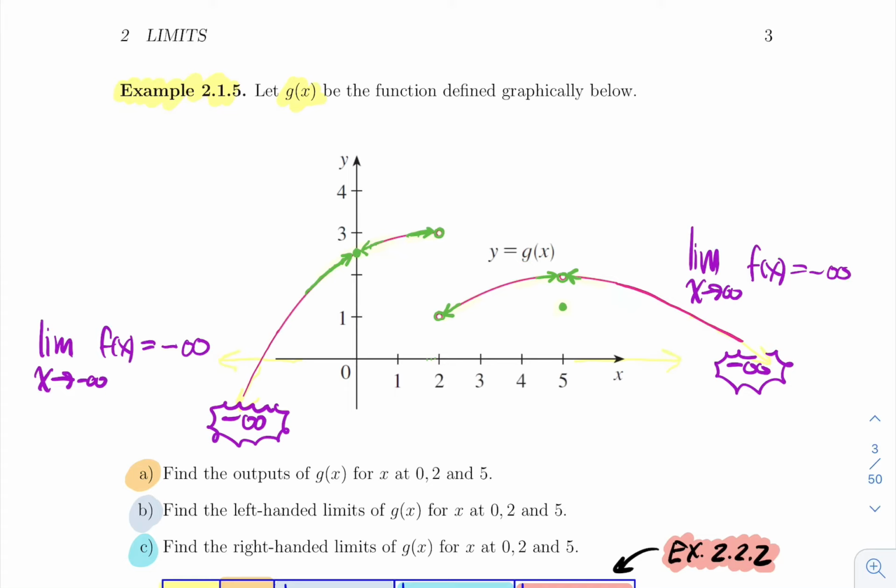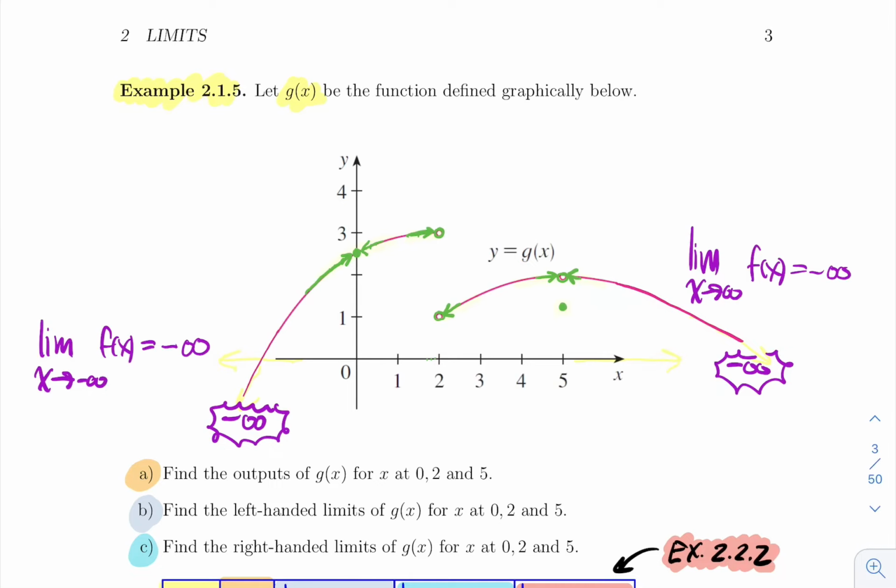These limits to the infinite are really describing what's going on outside the box of the graph here. If you go on forever to minus infinity, the function goes down forever to minus infinity. If you go forever to infinity, the function goes down again to minus infinity. And this is everything we can do on a graph.